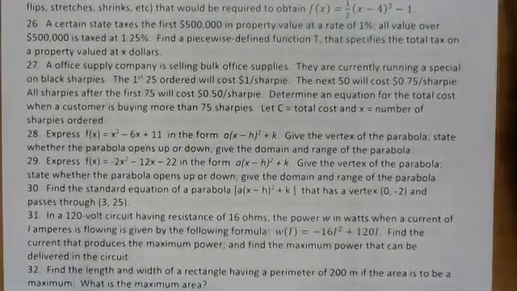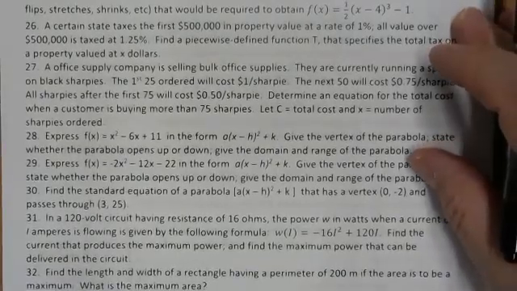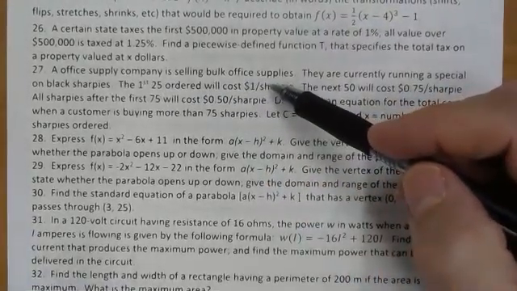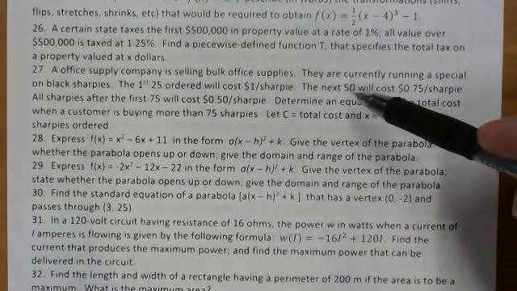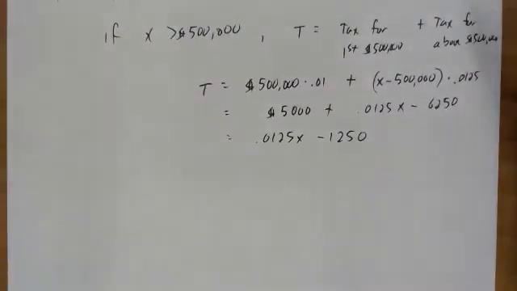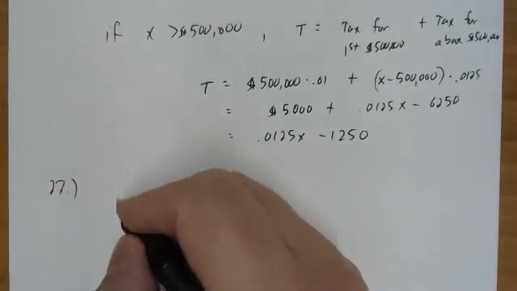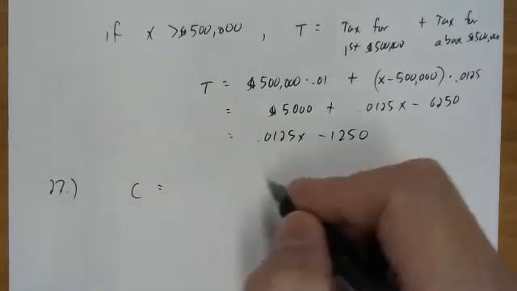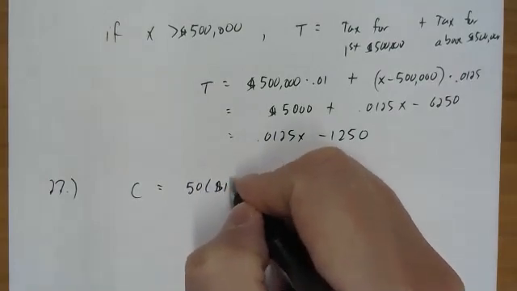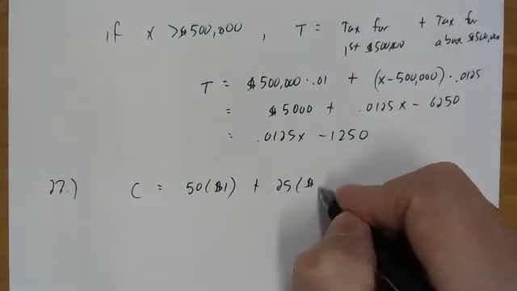So basically, since we're buying more than 75, the first 25 cost $1 each, and then the next 50 cost 75 cents each. So I can figure that out. The total cost is going to be the first 25 cost $1 each, the next 50 cost 75 cents each.